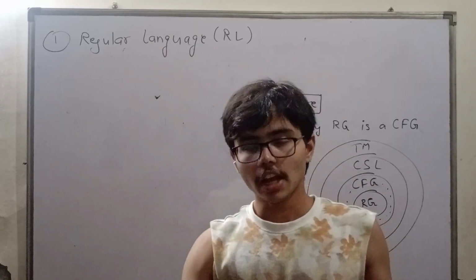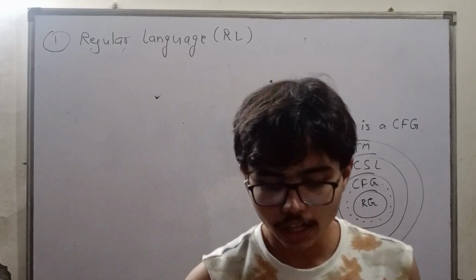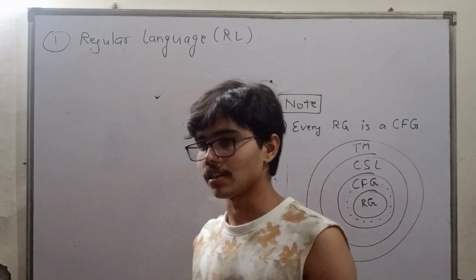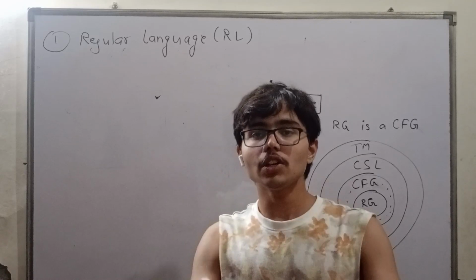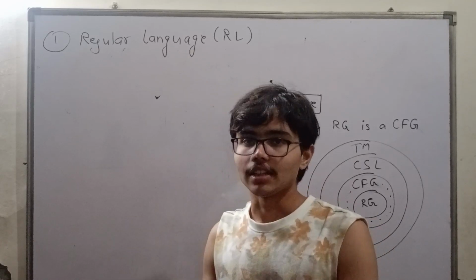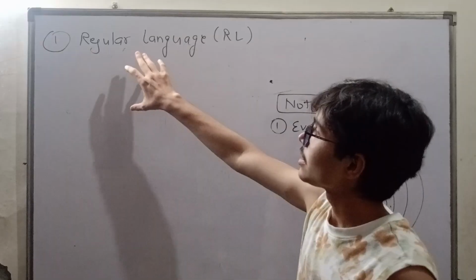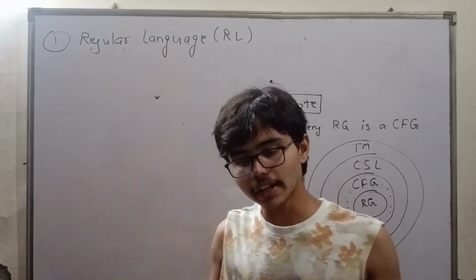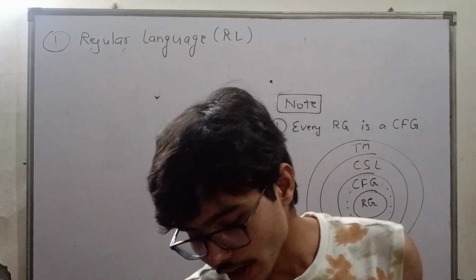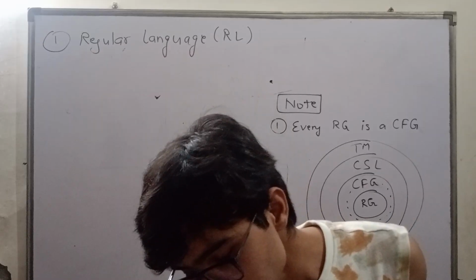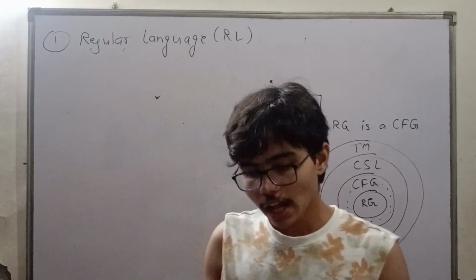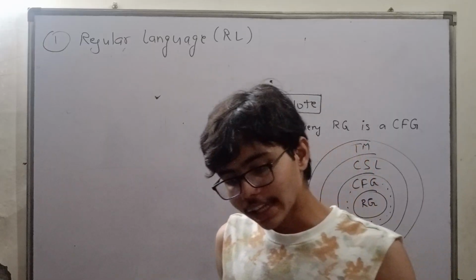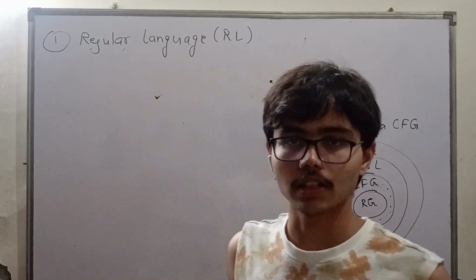If you are able to make a DFA or NFA of any expression, then that is a regular language. If I talk about the definition, a language that follows a simple pattern and does not require extra memory is called a regular language.